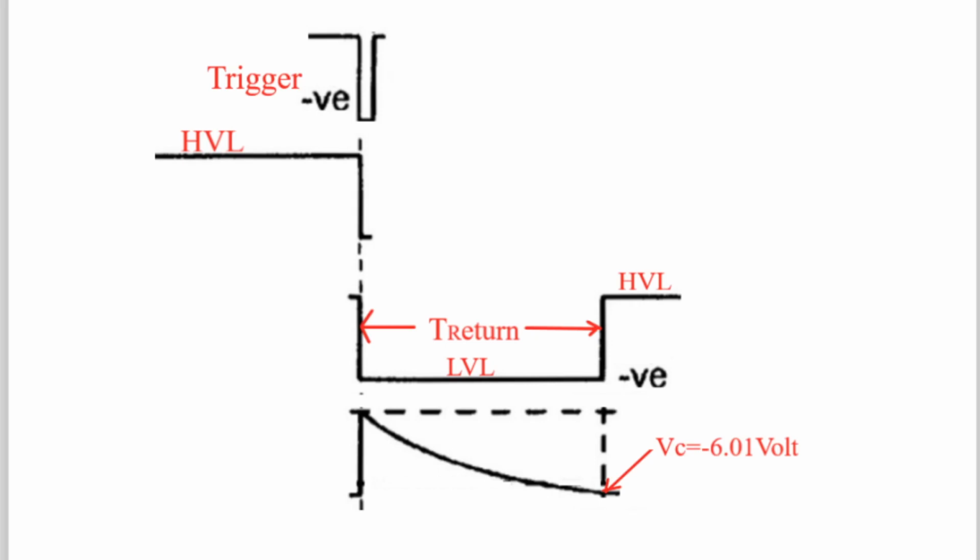But when you force the state to go to another state by applying the trigger, that state will return back or come back to its home position after some time, and that is called T return. And that T return is decided by the time required to charge the capacitor in reverse direction, unless and until the voltage at the non-inverting pin, means plus, becomes greater than the voltage at the inverting pin.